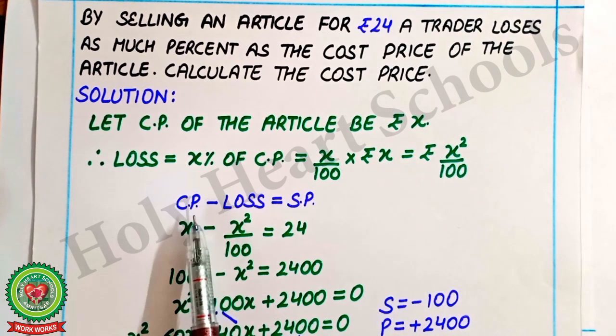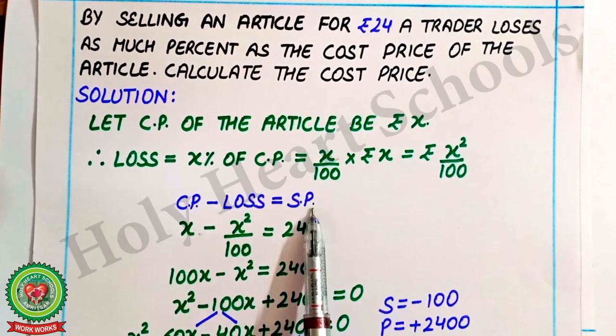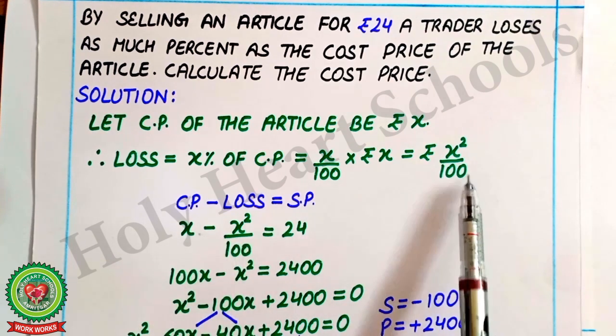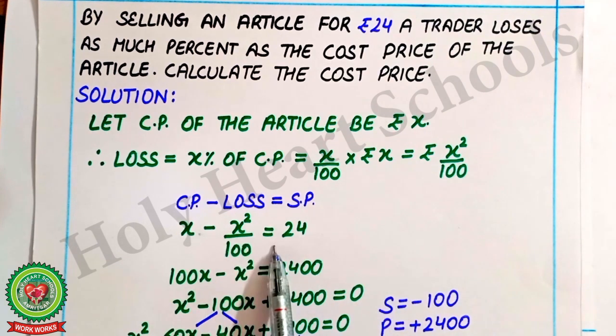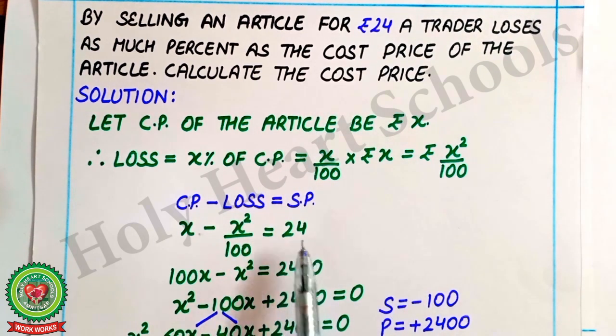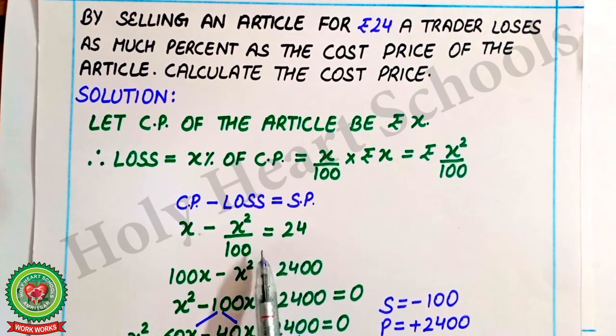Then according to the statement, CP minus loss is equal to SP. So CP x minus loss x square upon 100 equals SP, which is 24 as given. After taking the LCM, 100x minus x square equals 2400.